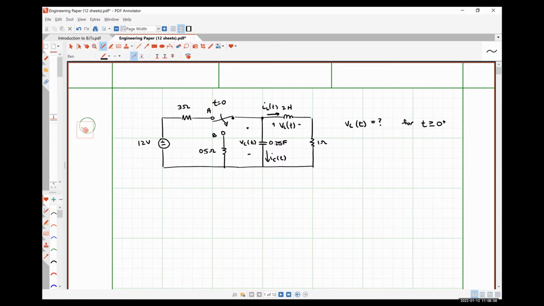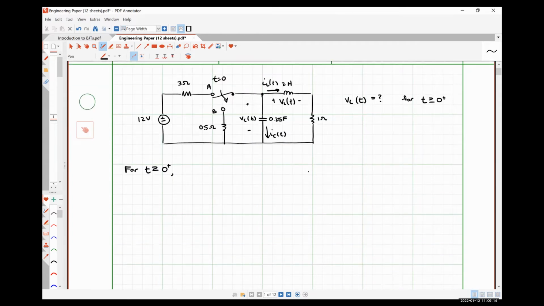So with that in mind, during the transient condition, so for all t greater than or equal to 0 plus, our circuit looks like this, where I'm going to call our 1/2 ohm resistor R1.